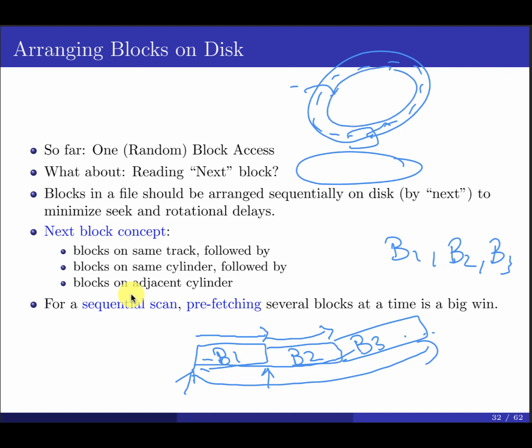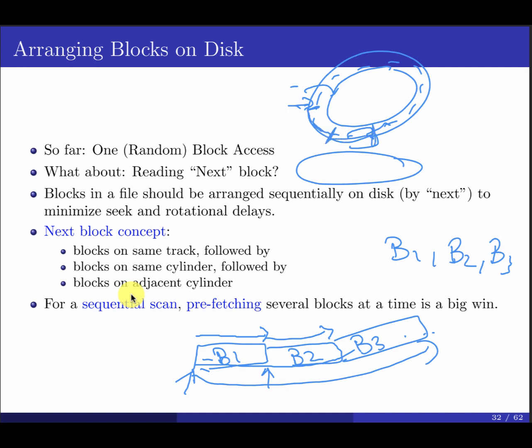Why? When you perform sequential access to the data, sometimes it requires you to read the entire set of blocks that belong to this file or this relation. So if you put this in the same cylinder, using the next block concept, you access the first block and perform only one seek time, then rotational delay. Then we reach the beginning of the first block. Once you read the first block, you find yourself at the beginning of the next block.